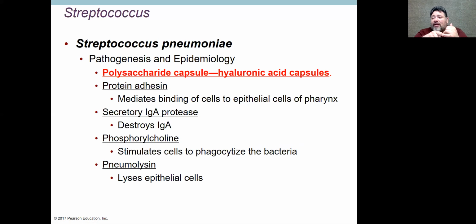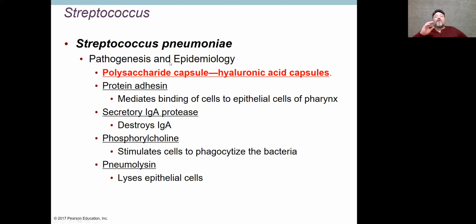What else? Well, poly means many, saccharide means sugars, which means that it's a sticky glycocalyx. So it allows these guys to attach to each other, attach to tissues, attach to surfaces, okay? It also has a hyaluronic acid capsule, and this capsule does the exact same thing that the polysaccharide capsule does, and that's hide it from the immune system. So neither of these two are recognized by the immune system, and it hides the microorganism in our bodies, okay? So again, that's important for us to know.